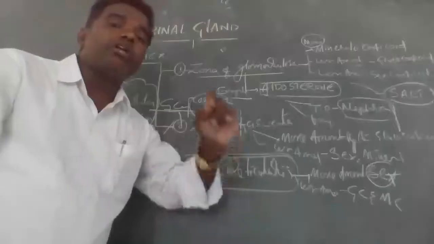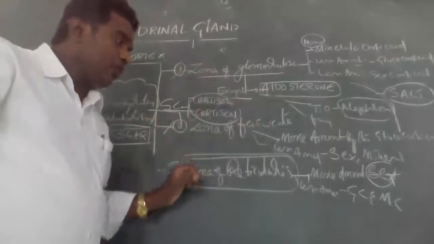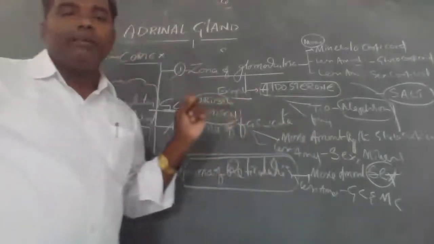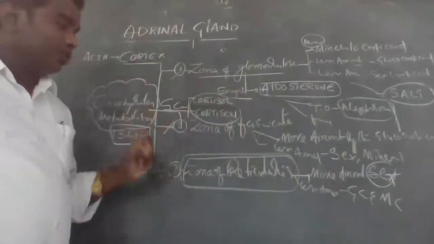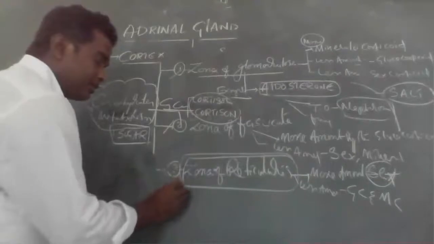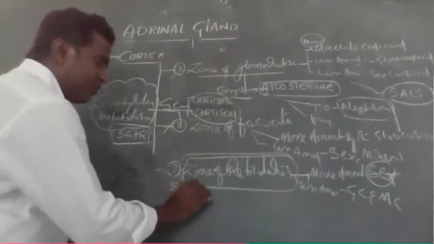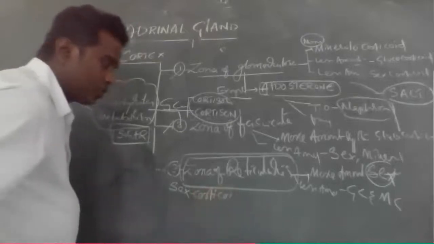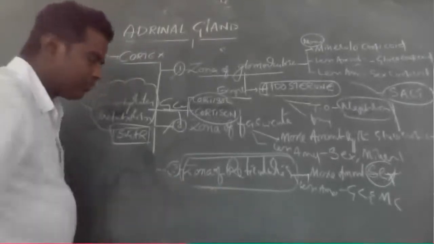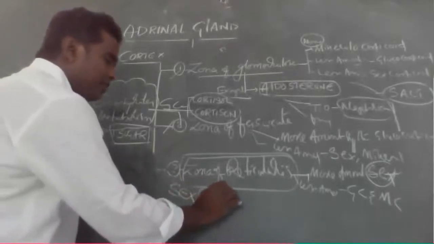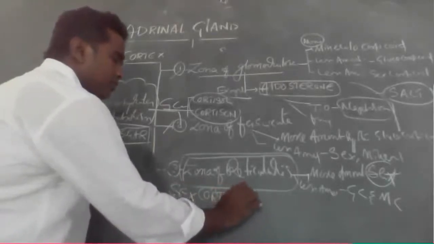What is GC? What is MC? Glucocorticoid and mineralocorticoid. Fantastic answer. Thank you very much. So that is why the zona reticularis is called the sex corticoid zone.